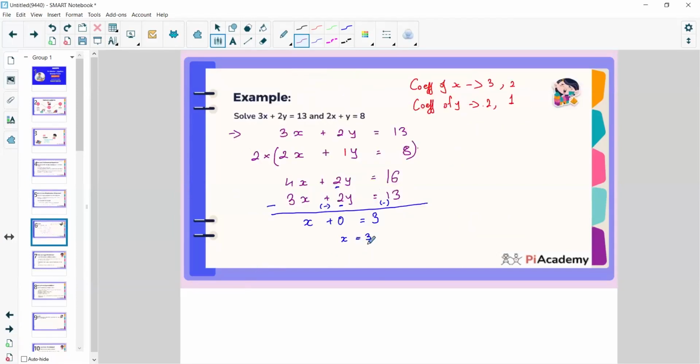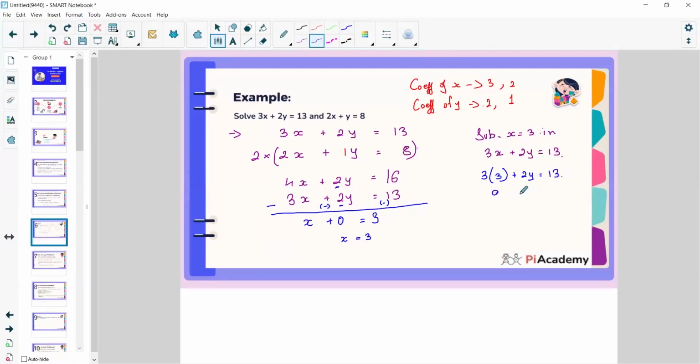I have my value of x as 3. So what I will do is, I will substitute the value of x equals 3 in any of the equations. Let's say in the first equation, in 3x plus 2y equals 13. Okay, let's see what do we get. We have x is 3. So 3 times 3 plus 2y equals 13. How much is 3 times 3?